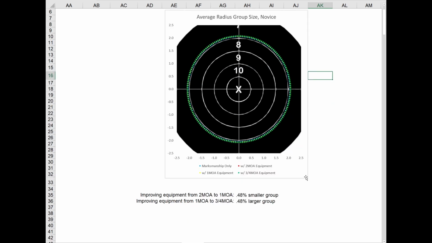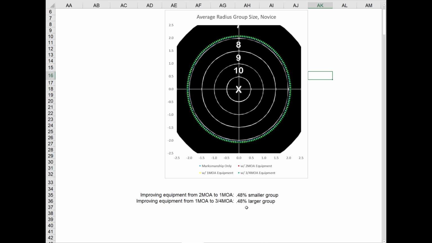You can see that it's pretty much nothing on the target, because whether it's 2 minute of angle or 1 minute of angle, they're all basically the same group size. And then I also looked at what might happen if you take that 1 minute of angle equipment and improve it to three-quarter of a minute of angle.